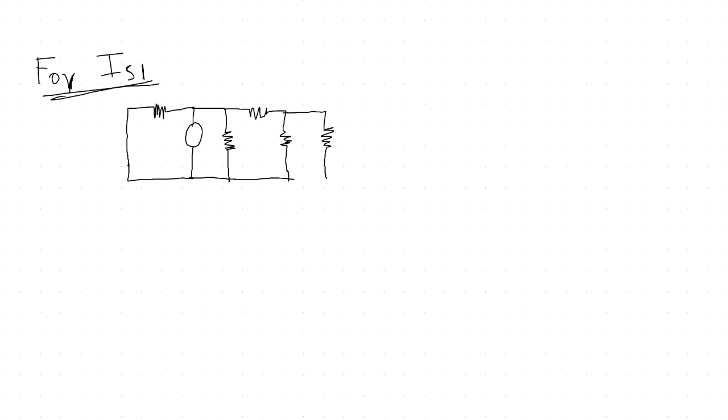The resistance here is 6 ohm. So that one is what? It's 8. And here is still my 12 ohm, which is my load. And then here is 20. And then here is what?